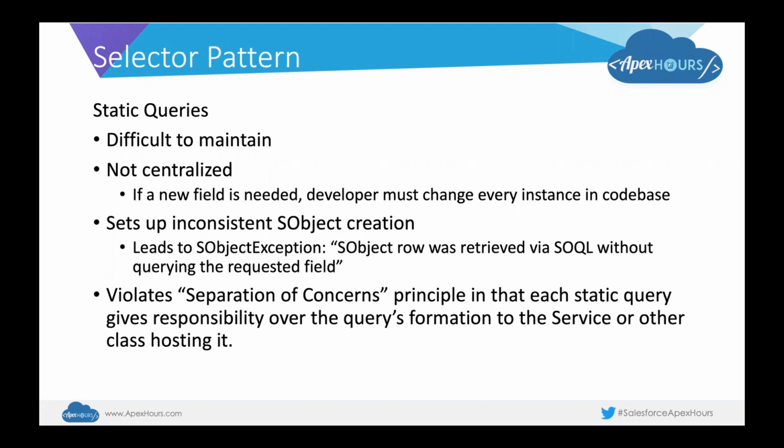And the static query can be argued to violate the separation of concerns principle, because that query might be in some specific service class that applies a discount for an opportunity, but there might be another class that wants to query the opportunities to archive them, or a third class that queries opportunities and wants to send them out to an offline system.